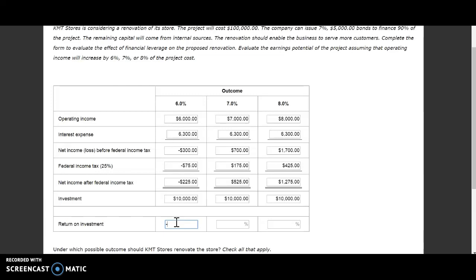So we get negative 2.3%. We're going to round to 0.1%. Next one, 525 divided by 10,000, we get 5.3%. And last one, 1,275 divided by 10,000, and we get 12.8%.